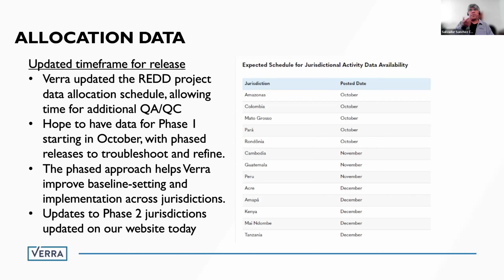And as you can see, we published this a couple of weeks ago or so for those jurisdictions included in what we call the first round, the ones that are listed here in this table.